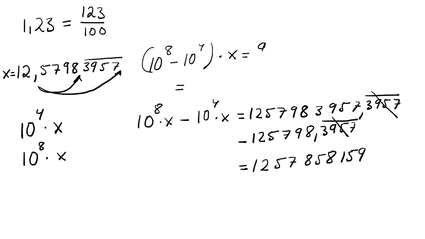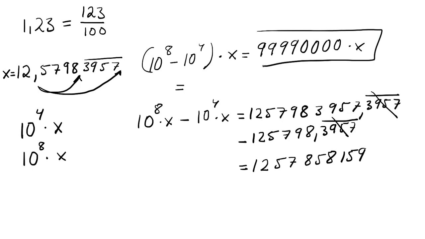Then that will be 9, 9, 9, 9, 0, 0, 0, 0 times x. And now, on the one hand, we have this, and that's equal to this on the other hand. But now we see that if we divide by this number on both sides, we will get out x.